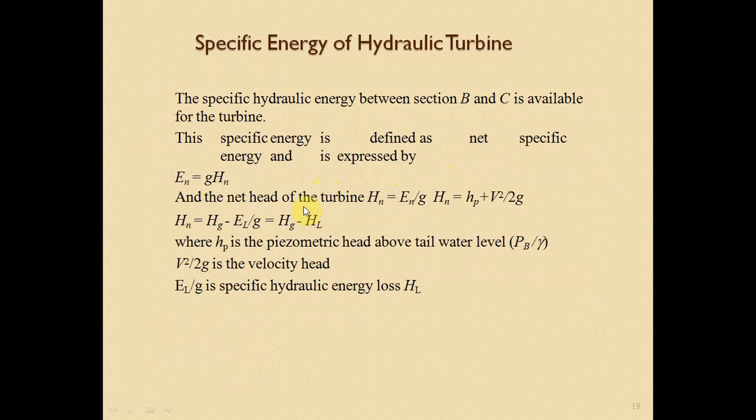And the net head of the turbine Hn is equal to En upon g, and Hn is equal to Hp plus V squared upon 2g, where Hn is equal to Hg minus El upon g, that is equal to H gross minus HL, where Hp is the piezometric head above the tail water level, that is pB by gamma, V squared upon 2g is the velocity head and El upon g is the specific hydraulic energy loss, that is HL.